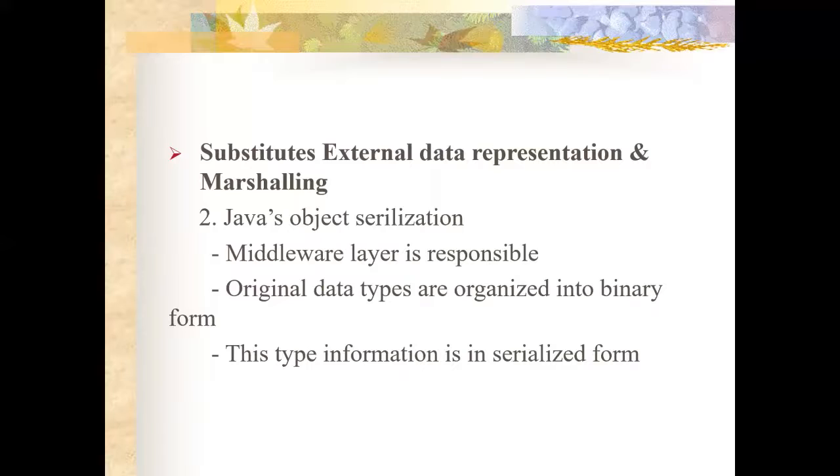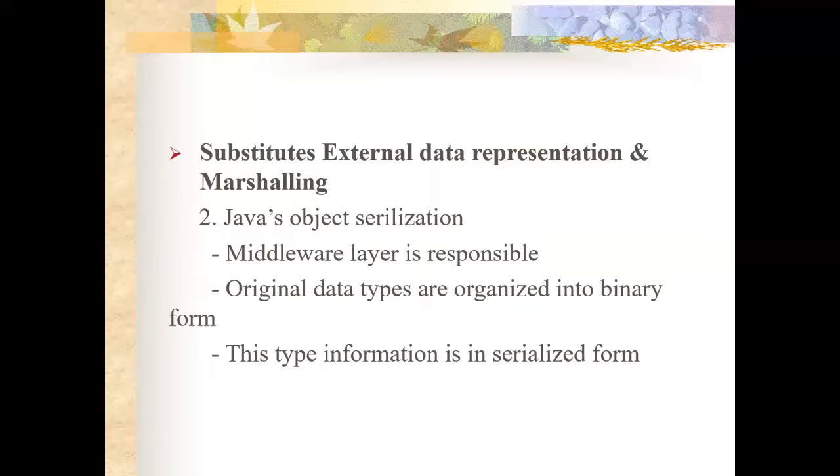So this middleware is responsible for providing marshalling and unmarshalling facilities. Here, original data types are organized into a binary form in Java object serialization. In this type, information is in a serial form.